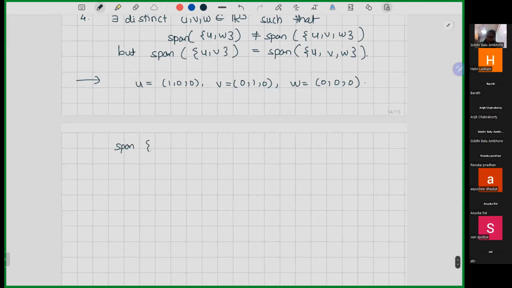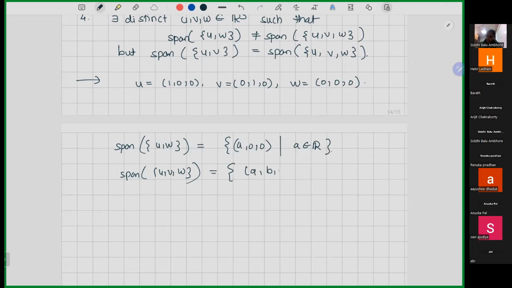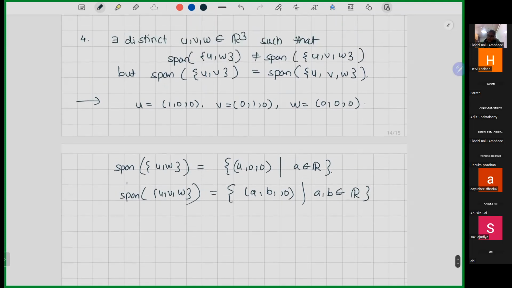Span of U, W is this set a, 0, 0 such that a in R. And span of U, V, W is a, b, 0 such that a, b is in R. Okay, and so the first condition is satisfied, that the span of these two is not equal.